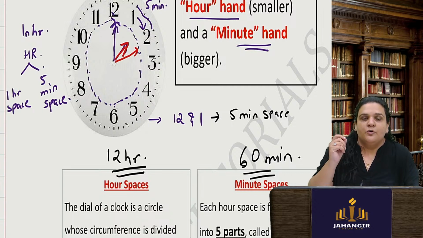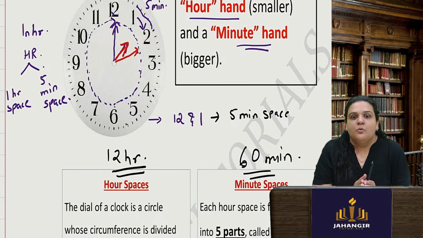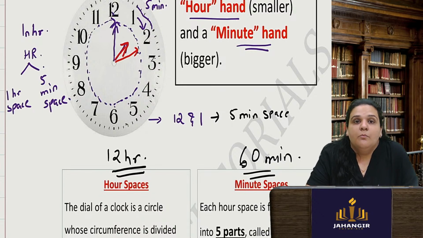So we have to understand the hour space. We also have to understand the minute space, and in 1 hour we have to understand both hands, how much the hour hand and minute hand are going to move.